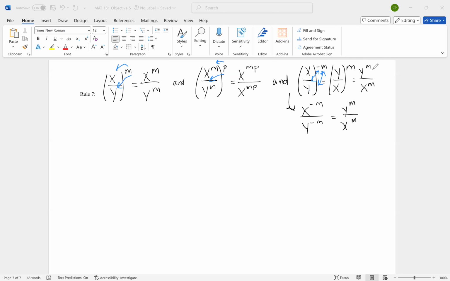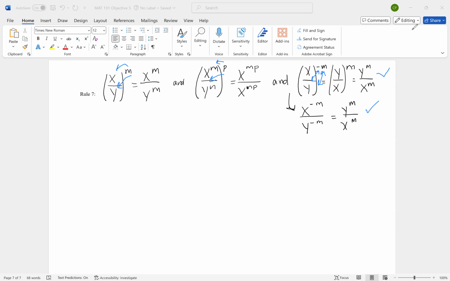And then from there, we can do rule number 7. Another way to think about it is if we go ahead and put the negative m in, it'll be x to the negative m over y to the negative m. And then to make the m's positive, we will have to move the x to the negative m down and the y to the negative m up. And we will get this right here in both of those situations, okay?